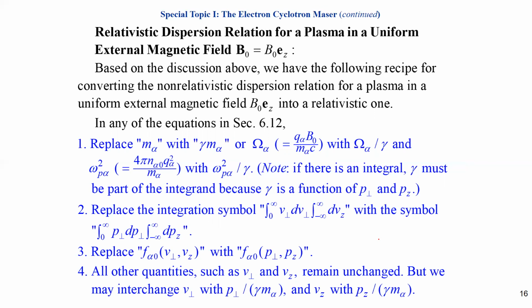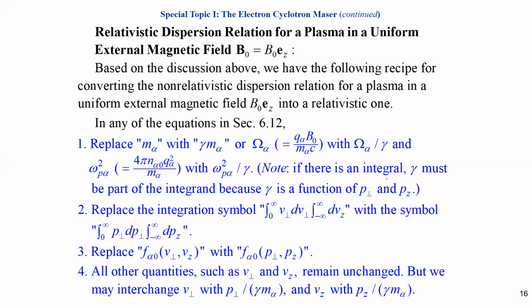In any of the equations, replace m alpha with gamma m alpha, and cyclotron frequency omega alpha equals q alpha B0 over m alpha c with omega alpha over gamma, and plasma frequency omega square p alpha equals 4 pi n alpha 0 q alpha squared over m alpha with omega square p alpha over gamma. Note, if there is an integral, gamma must be part of the integrand, because gamma is a function of p perpendicular and pz.